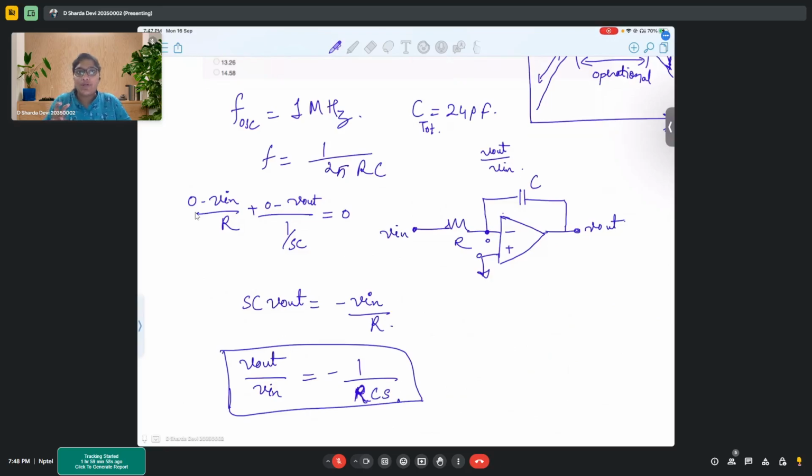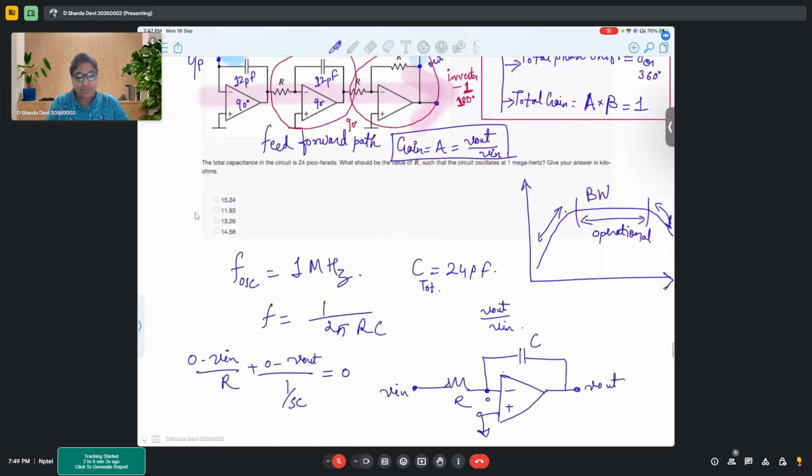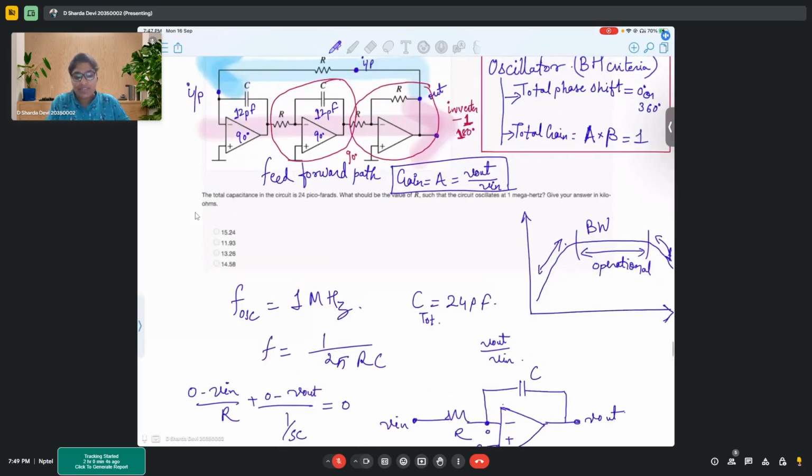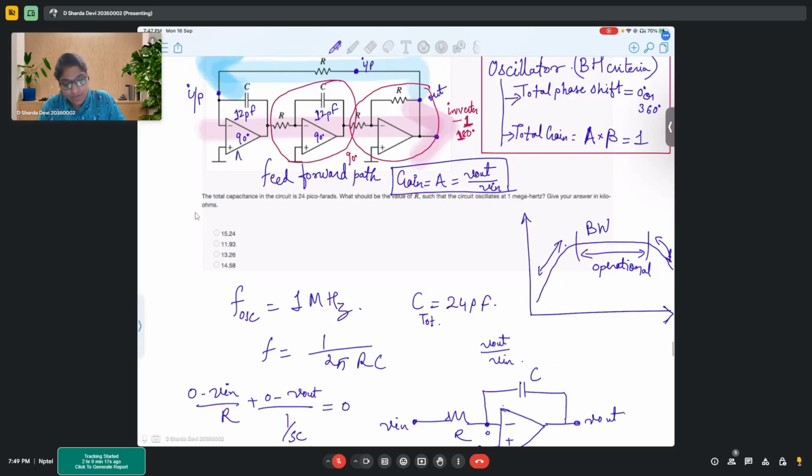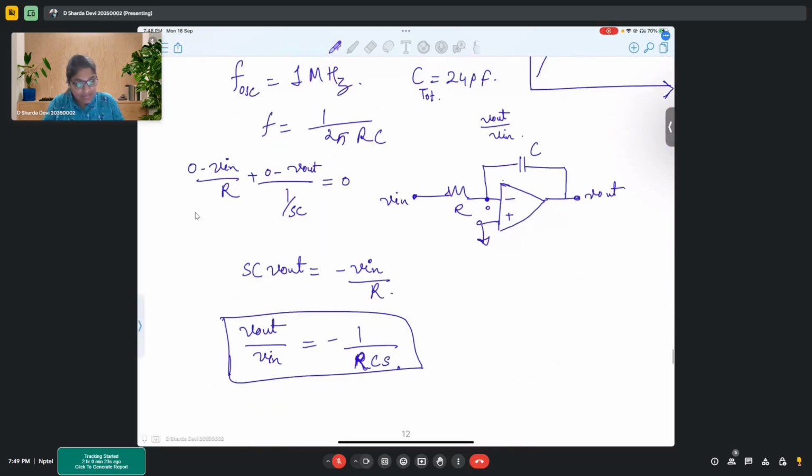So you have two poles at the same frequency, considering their components are the same. R and C are the same, so they introduce the same phase shift. That means there will be two poles, one introduced by this op-amp A1 and another by A2. And those two poles are at 1 upon RC.